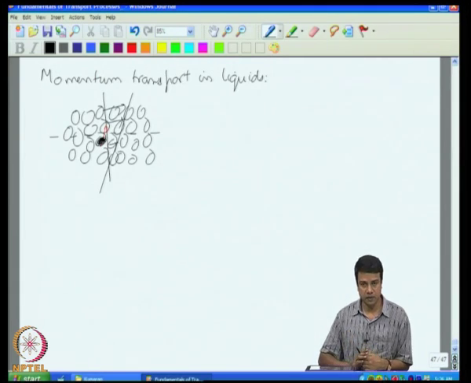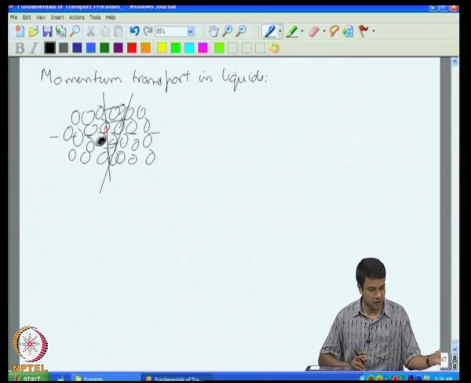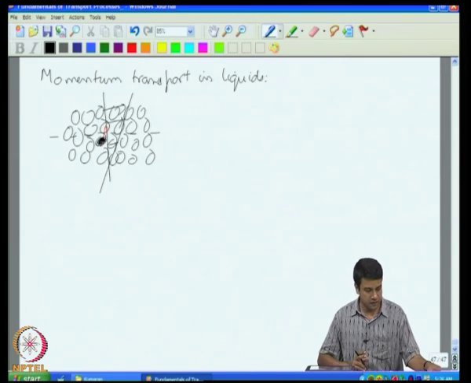After all, momentum can be transferred not just by the motion of a faster molecule across the surface, but also because the faster molecule interacts with the molecule next to it and transfers some momentum. So, the transfer of momentum does not physically require the transport of a molecule. Due to this, momentum transfer in liquids is much higher than mass transfer in liquids. The Schmidt number for liquids is typically large.